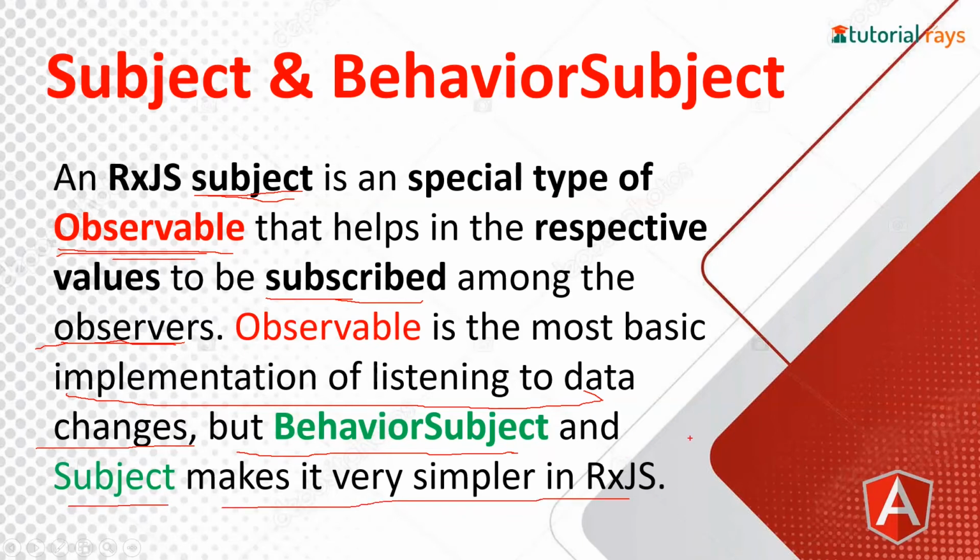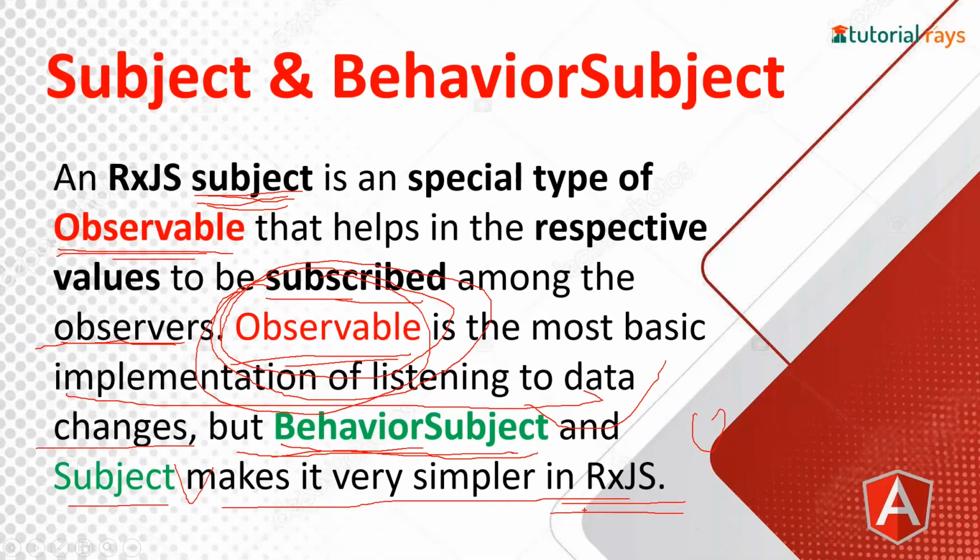So what we learned here, BehaviorSubject and Subject both are observables, but unlike Observable, which is a very common implementation, BehaviorSubject and Subject make it possible to implement RxJS in a simple way.